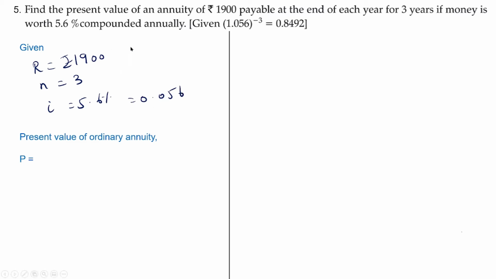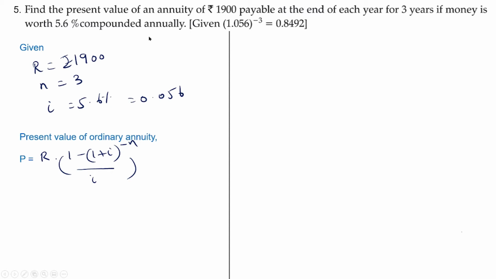Here it is compounded annually and we need to find this present value at the end of each year. So N is 3 and I is 0.056. The present value of ordinary annuity P is equal to R into 1 minus 1 plus I the whole raised to minus N upon I.